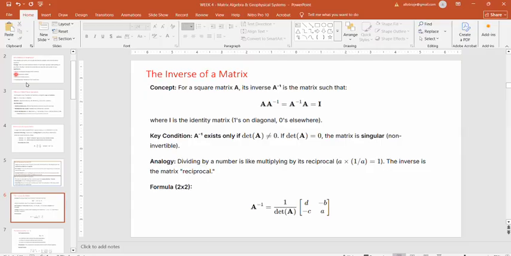For instance, when you multiply the inverse matrix by the real matrix, I'm going to get 1, 0, 0, 0, 1, 0, 0, 0, 1.